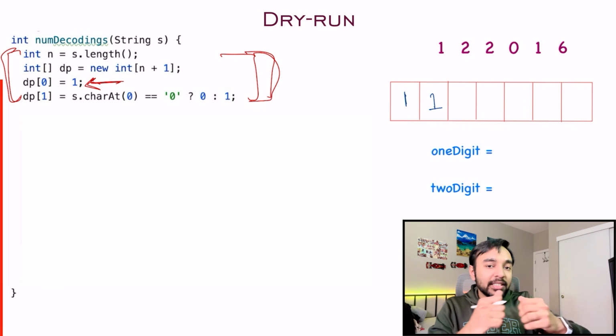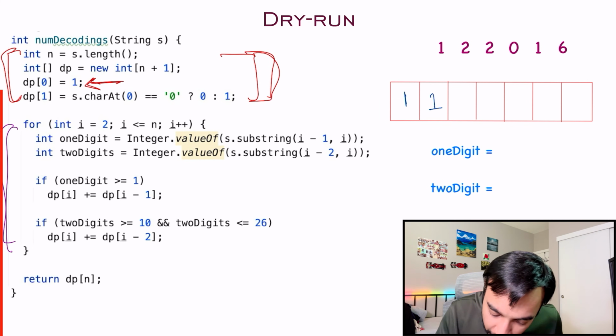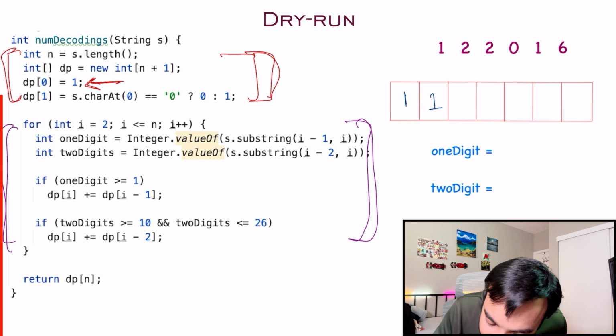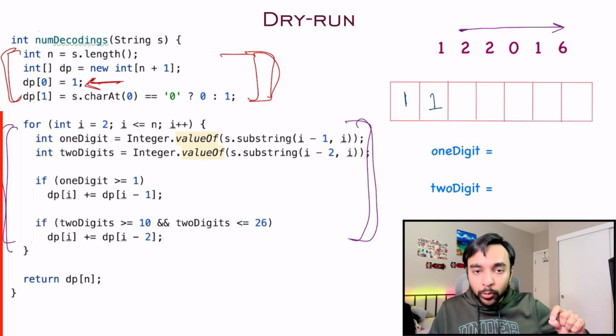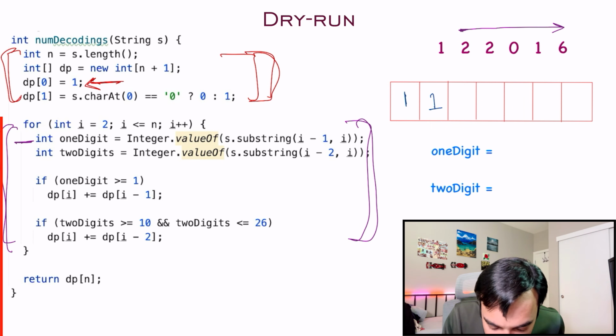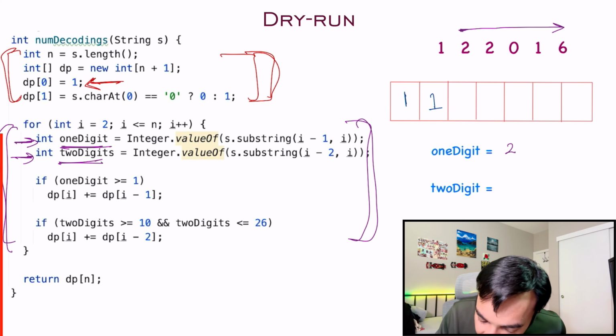The next part is simply iterating over the remaining string. So I start a for loop that begins from the second number and goes all the way up to the end. Correct? And at every instance, what do I do? I get both of my digits, 1 digit and 2 digit. So 1 digit will give me 2 and 2 digits are gonna give me 12.